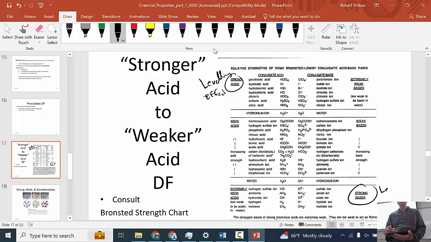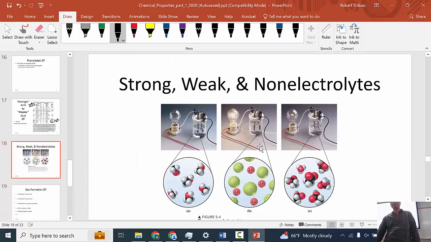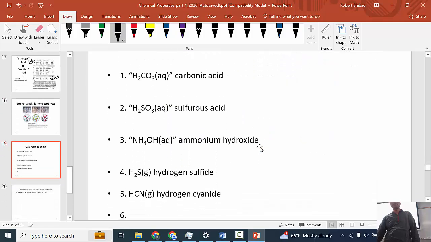There's a leveling effect here. Should we be writing it down or are you going to post the discussion? I'm going to post this. So we treat all the strong acids the same strength. We treat the strong bases the same strength. The weak acids we don't. We talked about electrolytes. These are the gas formers here.